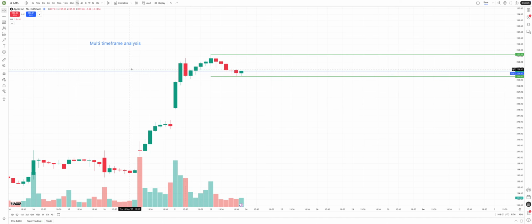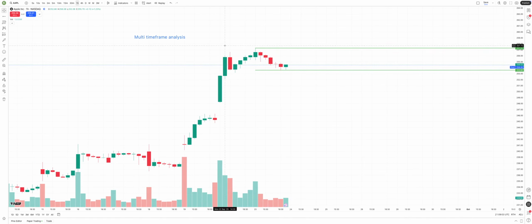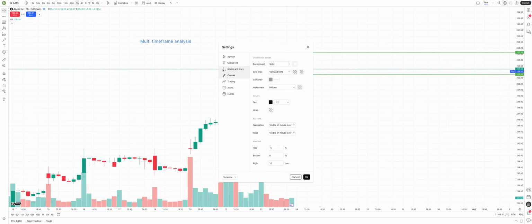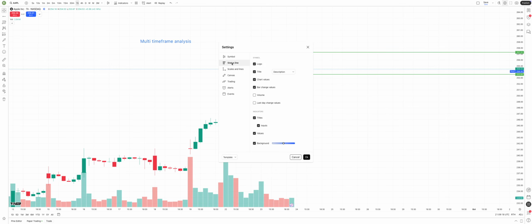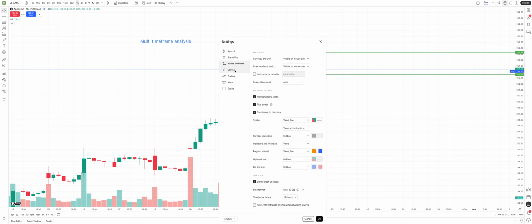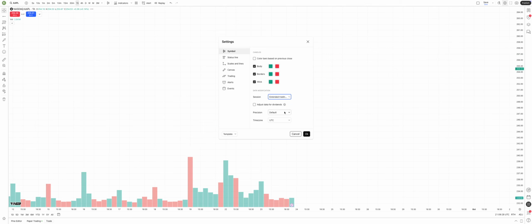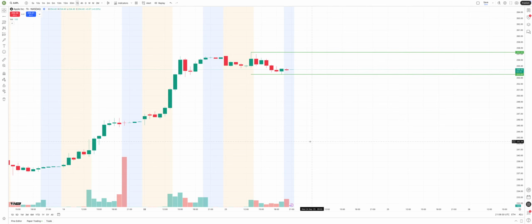So what's really cool about the chart is you can actually see extended hours. So if I right-click the chart, I can go to settings for the chart, and I believe I can go to, let's see here, symbol. Cool. So symbol, and then I can actually click extended trading hours.